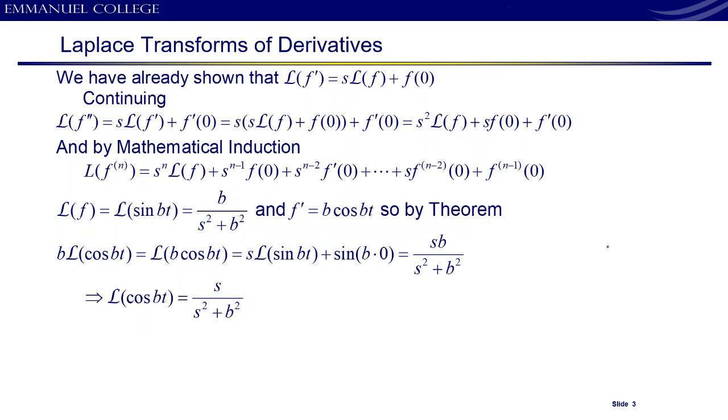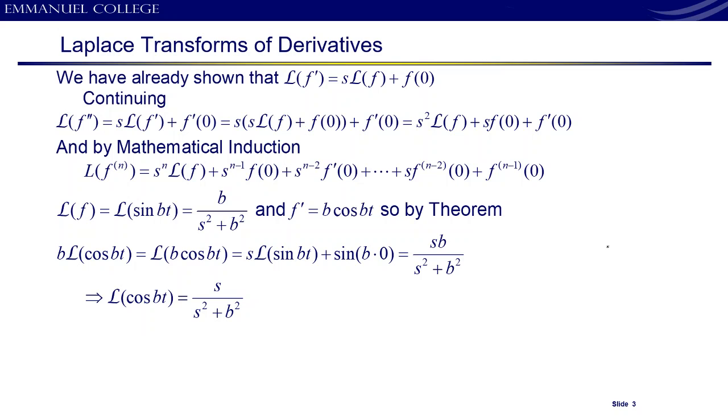So what does that let you do? The Laplace transform of sine of bt is b over s squared plus b squared. So if we take the derivative of sine of bt, we get b times cosine of bt.